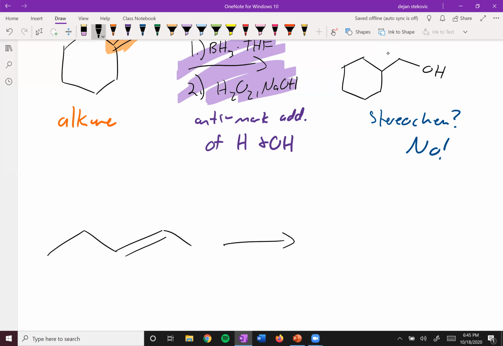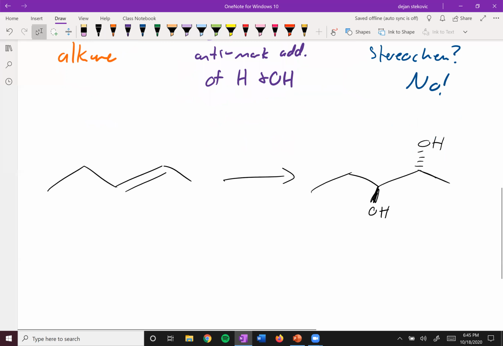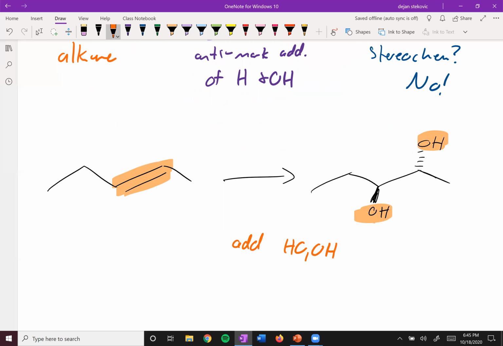Another example, maybe I give you something like this. And then the product. And then you want to take a look, what are the differences between the substrate and the product, right? We see we have an alkene here, and then we see that we added OHs here, right? And so we're going to add OH and another OH, right? We're going to do some dihydroxylation.